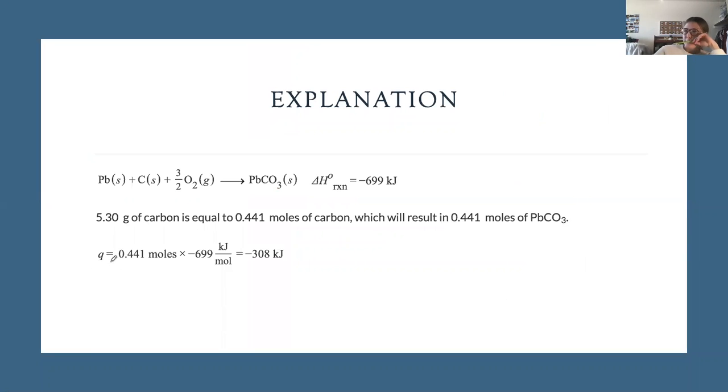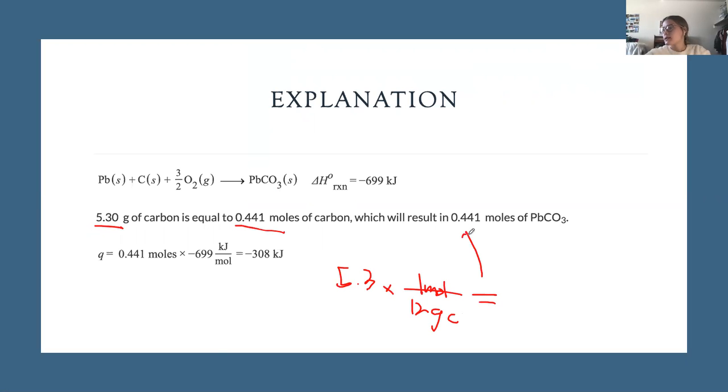So we convert 5.3 grams of carbon to 0.441 moles of carbon, which is just molar mass. We've got 5.3 grams, and the molar mass is 12 grams of carbon per 1 mole, and that equals 0.441 moles.